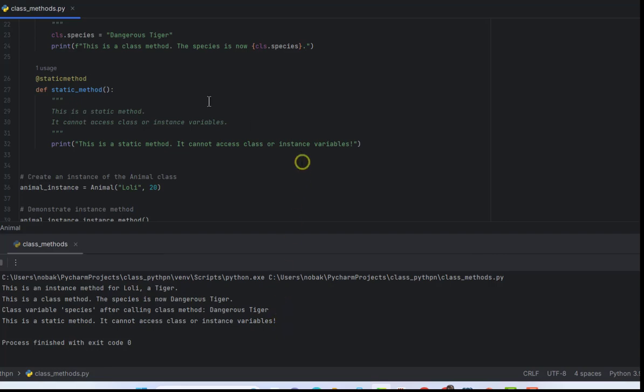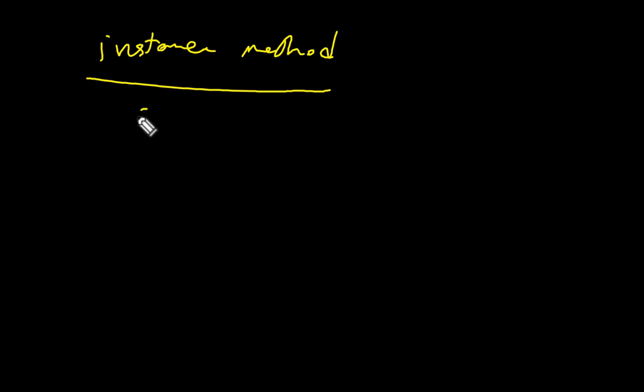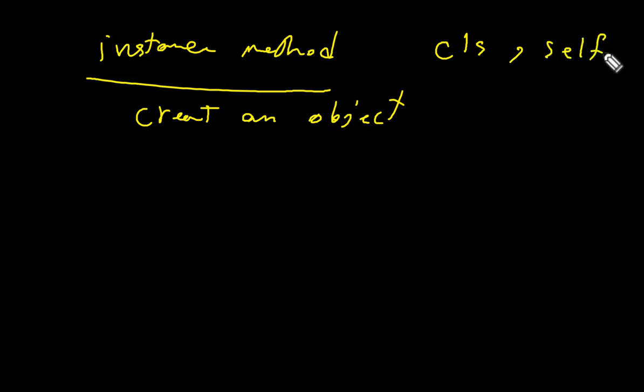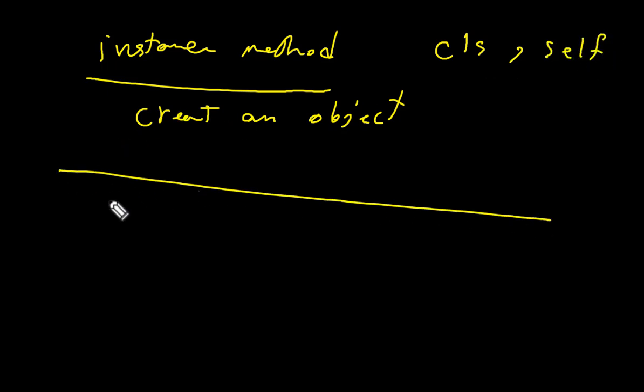So an instance method has to be called by creating an object, and it has access to both class variables and instance variables. For a class method, on the other hand, no need to create an object.